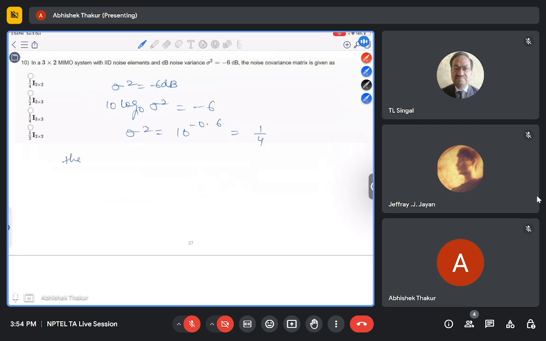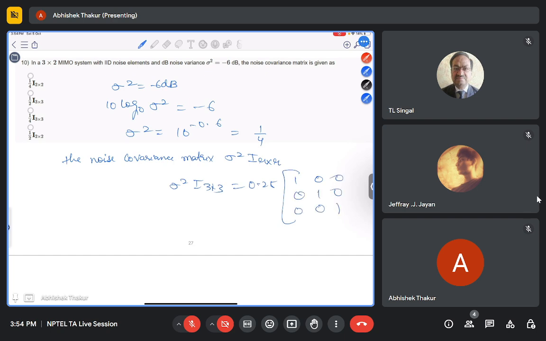So the noise covariance matrix is given as sigma square I R cross R. It is a 3 cross 2 MIMO system, so there are 3 receive antennas and 2 transmit antennas. So it will become sigma square I 3 cross 3, that is equal to 0.25 times the identity matrix of 3 cross 3. So option C is the correct answer for this question.